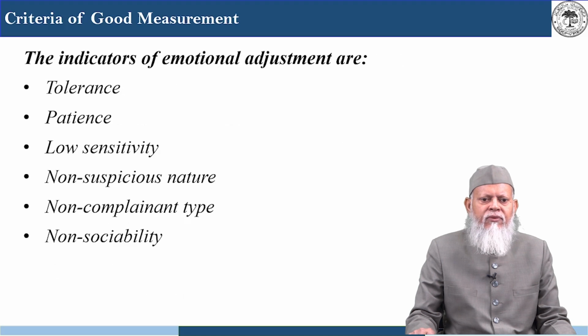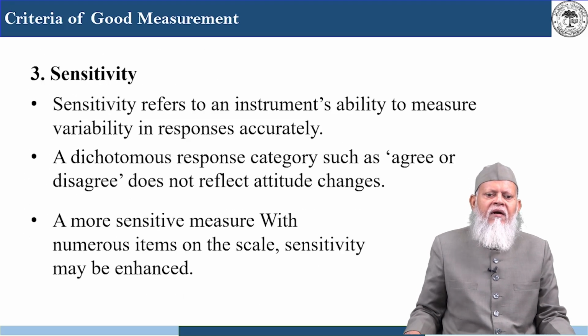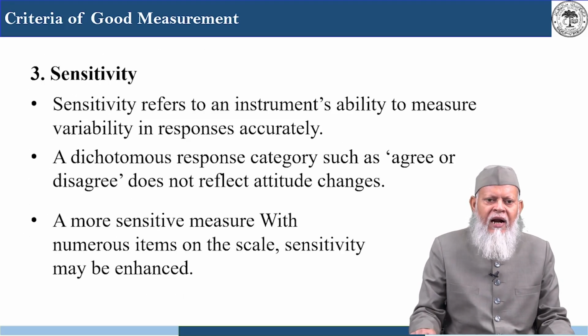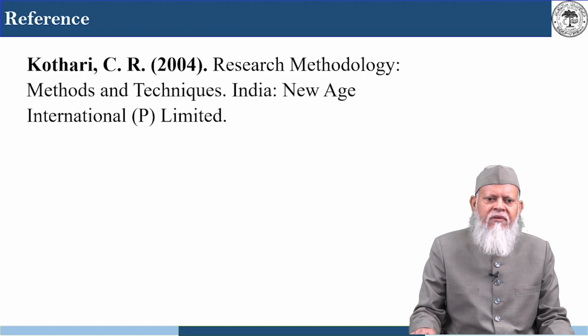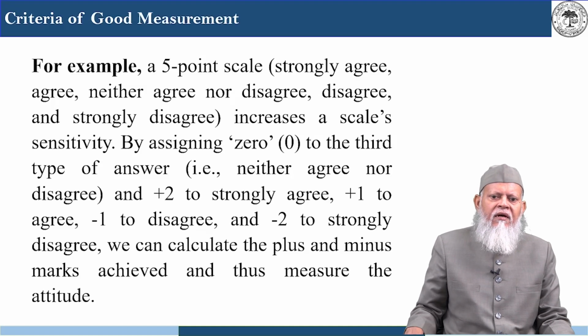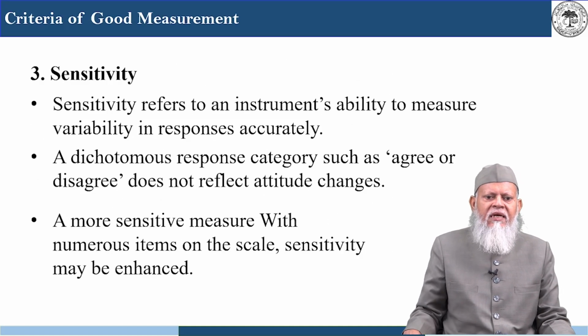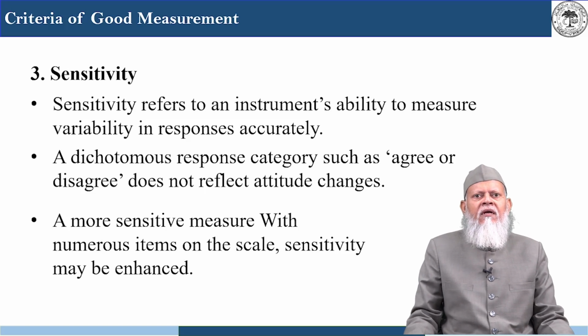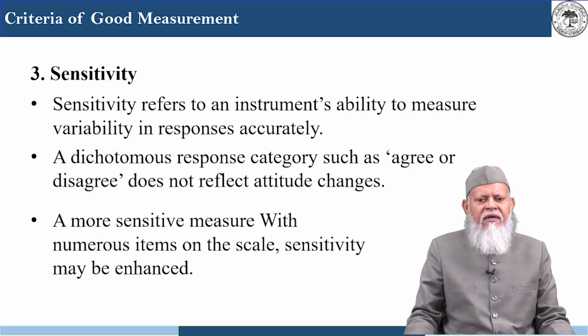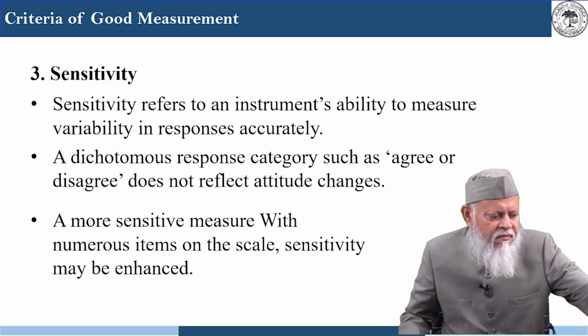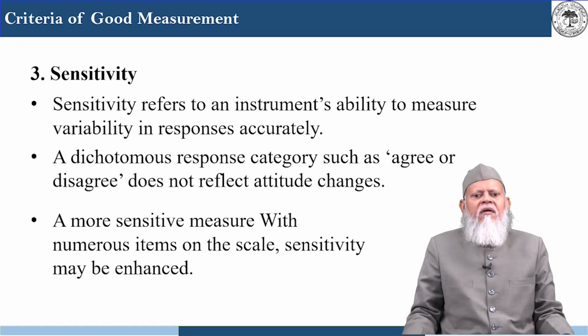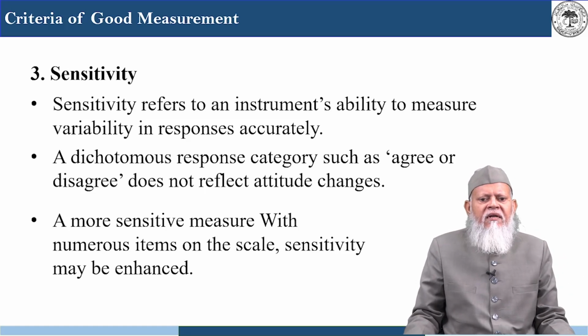Now, we come to the third major part of good measurement, that is sensitivity. Sensitivity refers to an instrument's ability to measure variability in responses accurately.